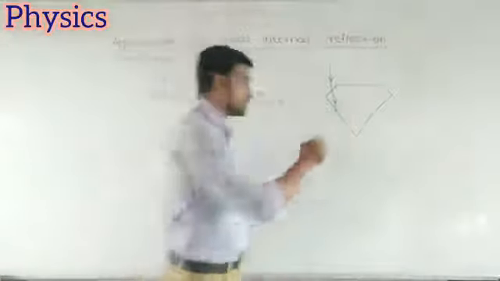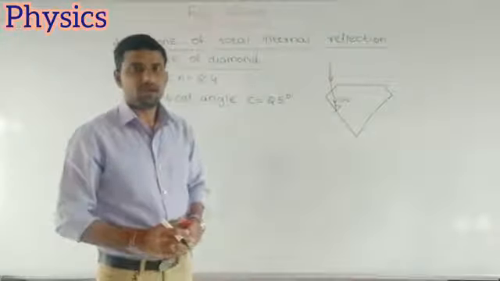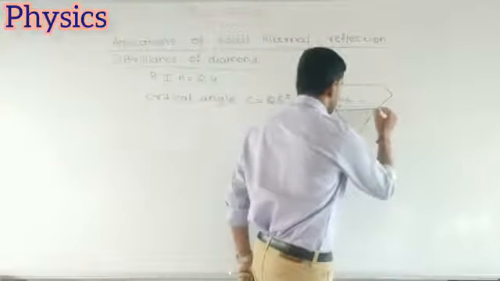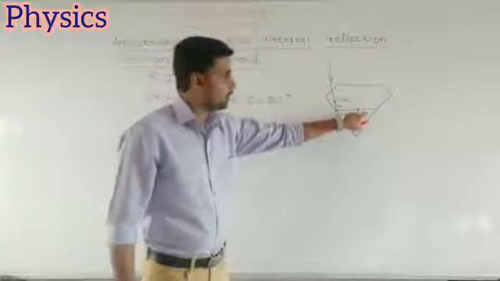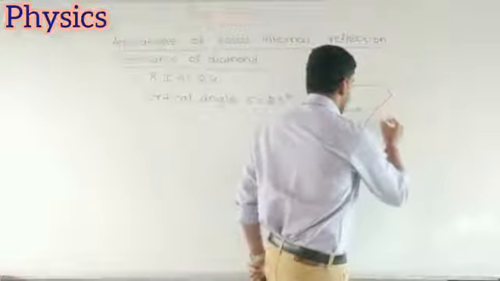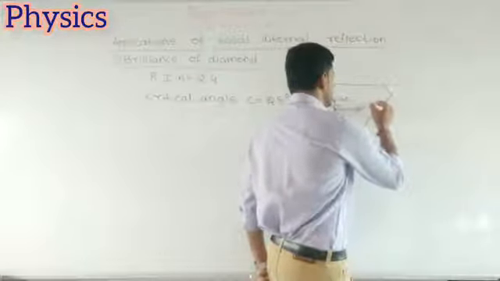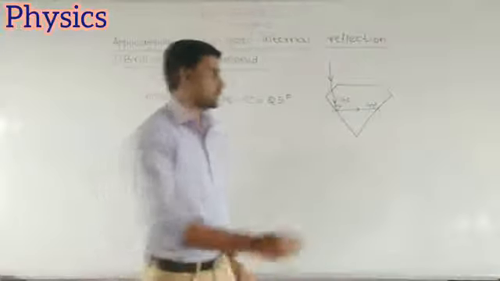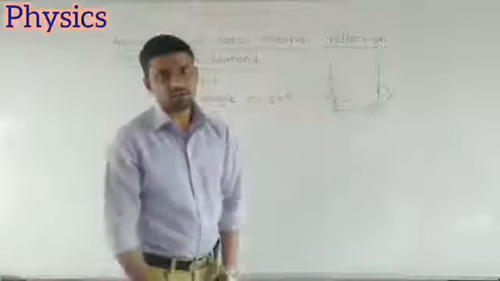If the angle of incidence is again greater than the critical angle, that means greater than 25 degrees, then again it will undergo total internal reflection like this, and it will come out from another face of the diamond.